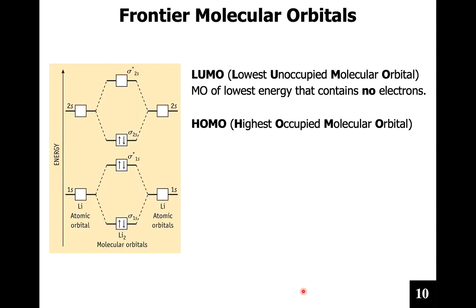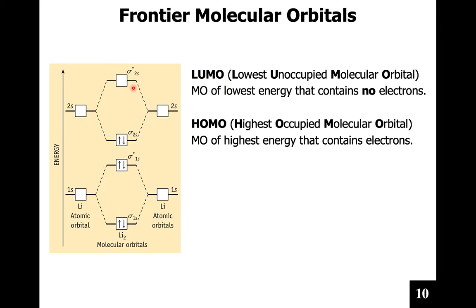There's also some terminology that we should talk about. This is a molecular orbital diagram for dilithium. Dilithium has a total of 6 electrons. Each lithium has 3, so 3 times 2 gives me 6: 1, 2, 3, 4, 5, 6.